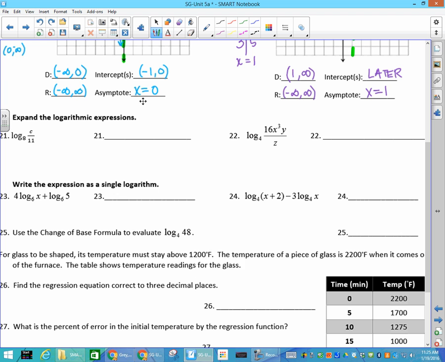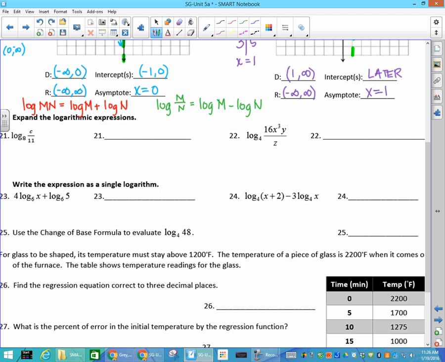All right, so the basic rules that you have for logarithmic expressions. First off, the log of m times n is equal to the log of m plus the log of n. Then the log of m divided by n is equal to the log of m minus the log of n.